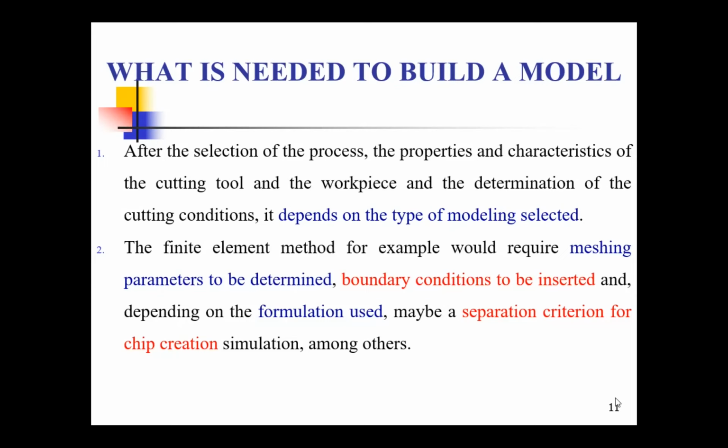Then after selecting an appropriate model, the thing that we consider is the meshing, because after developing a model, I have to discretize. Discretization is nothing but dividing the entire domain into small elements. Then those elements will be interconnected by means of nodes. So we have to mesh, interconnect, and then apply the boundary conditions.